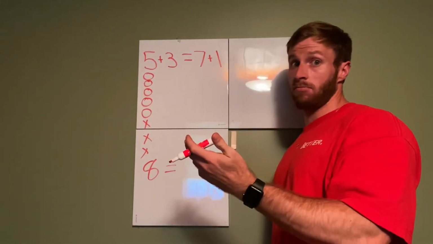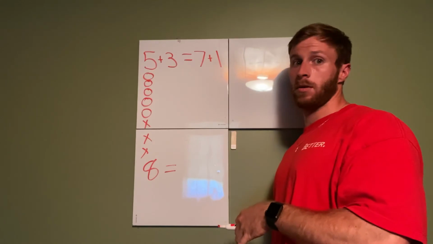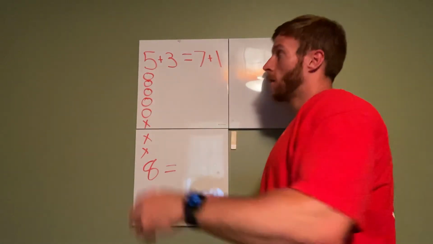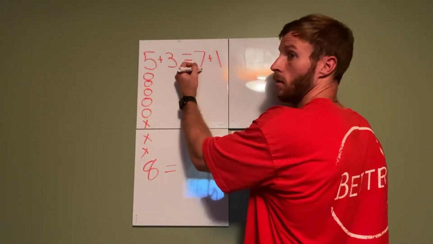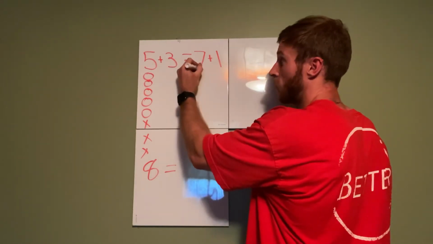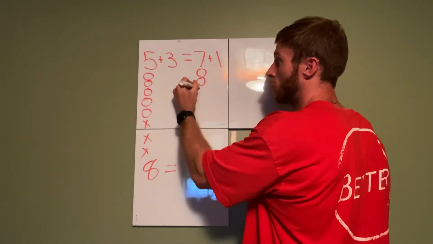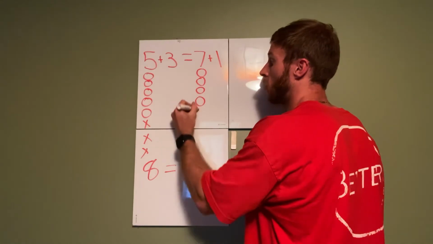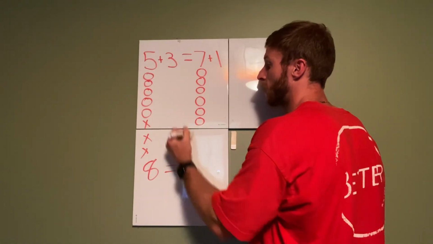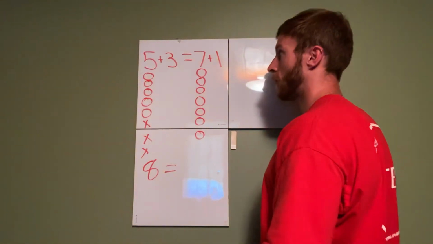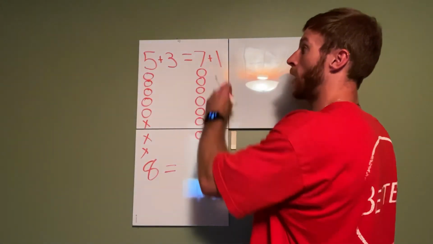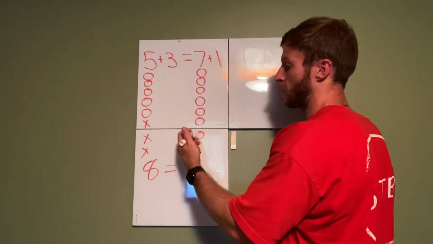I'm going to draw a picture. What number am I going to draw the picture under? 7. Now, how many circles am I going to draw? 7. 1, 2, 3, 4, 5, 6, 7. Plus my 1 x, because I'm drawing x's for the second number.